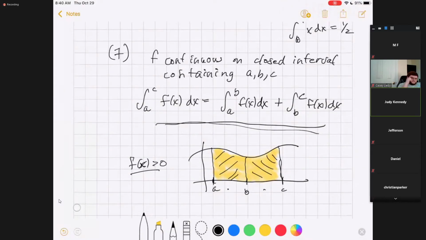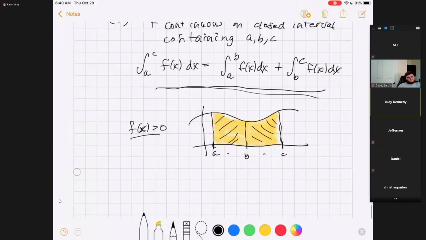Okay, but you don't have to have a less than b less than c. It still makes sense regardless. Let's draw another picture. Suppose that I have a, c, b. So c's in the middle of that interval, inside of the interval a b.